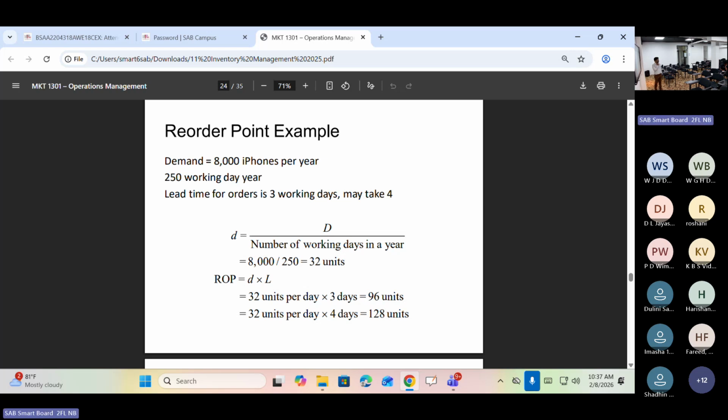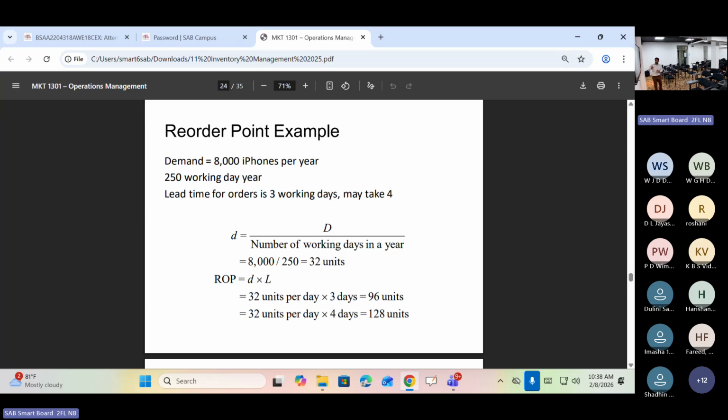What does that mean? Reorder point 96. When the inventory level drops to 96, you have to place the next order. So within 3 days' time, you will get the next order. Those are very simple.